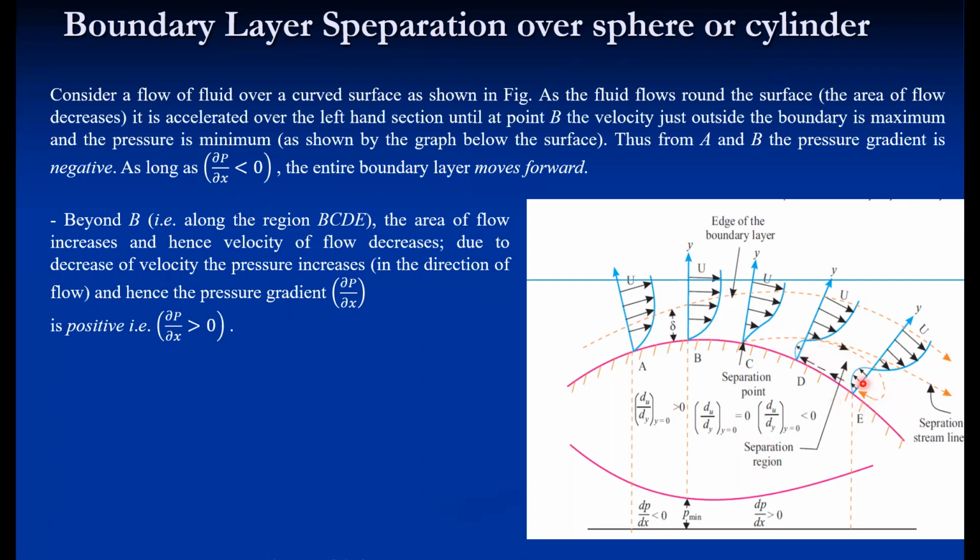The heavy losses occur because the boundary layer thickness also increases drastically, and due to that, this particular portion experiences more drag force, that is the force against the direction of motion. Because the pressure force assists the viscous force in this particular zone, and the pressure force assists the inertia force in this particular zone.